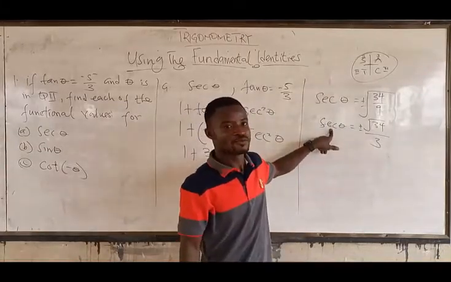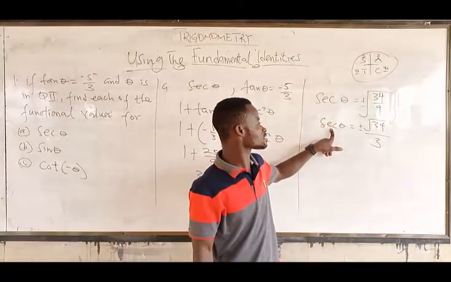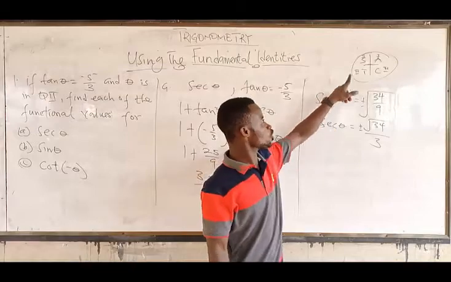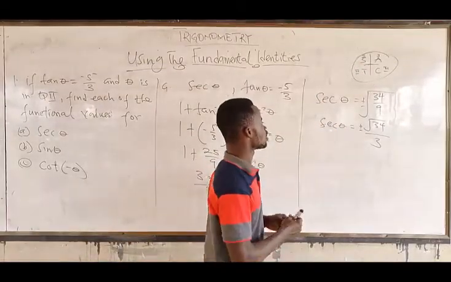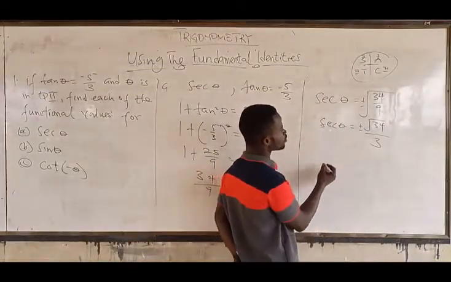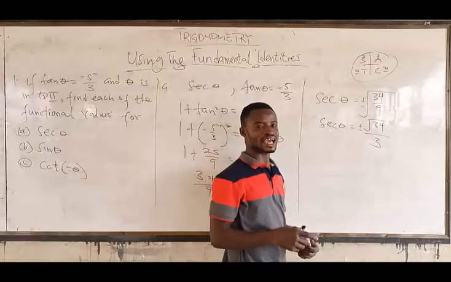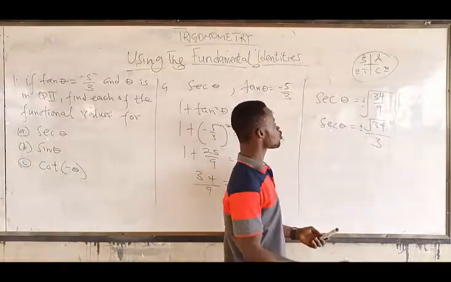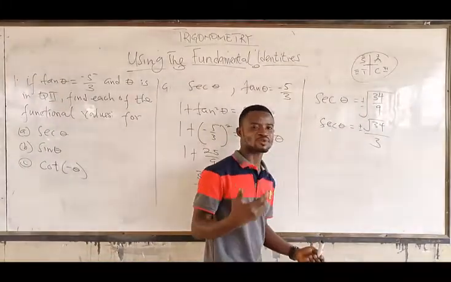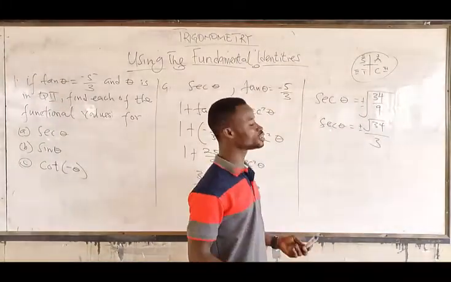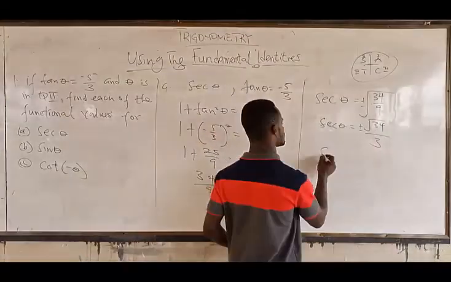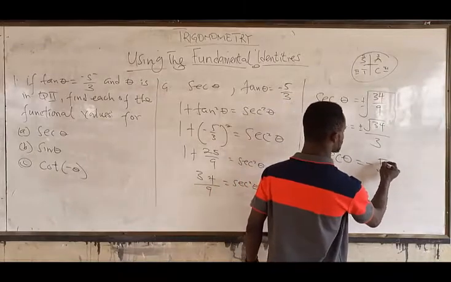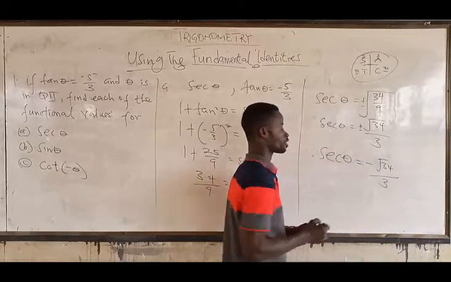That means that sec is also going to be negative. Or let me say, only sine and its reciprocal are going to be positive. So sec, which is a reciprocal of cos, is going to be negative. Therefore, sec theta is negative square root of 34 over 3. Very good.